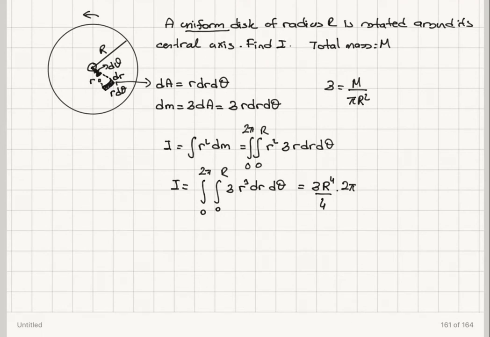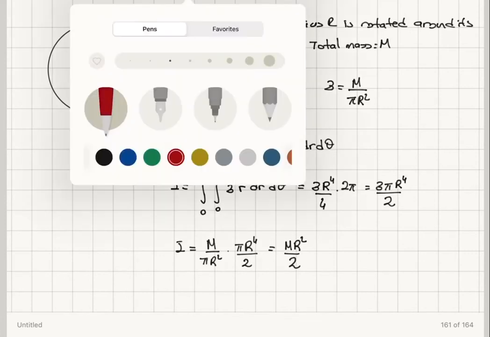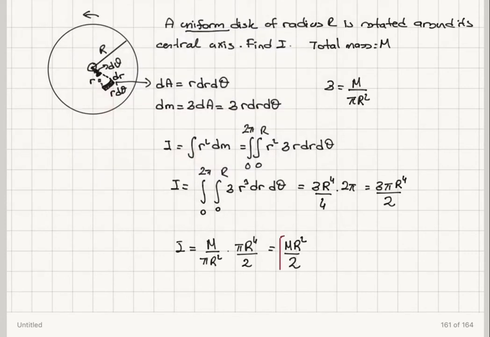So this is going to be equal to sigma pi R to the 4 divided by 2. And now if I substitute for sigma, M over pi R squared, multiplied with pi R to the 4th power divided by 2, I find that this is now M R squared divided by 2. So this is the answer for the uniform disk.